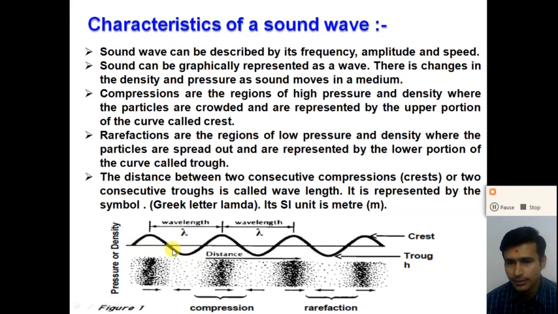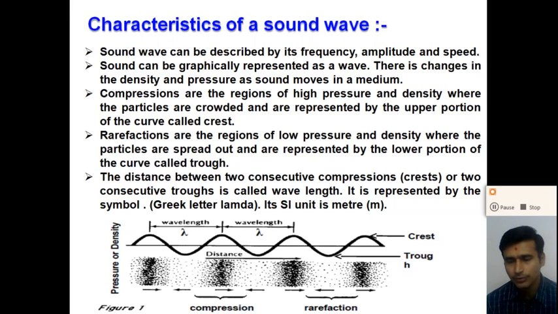In the next region after the compression, the rarefaction region, the density and pressure are low. After that, again a compression is produced in the medium. So the sound wave is graphically represented by a wave like this. The distance between two successive compressions or two successive rarefactions is called the wavelength, which we will discuss later in this video.